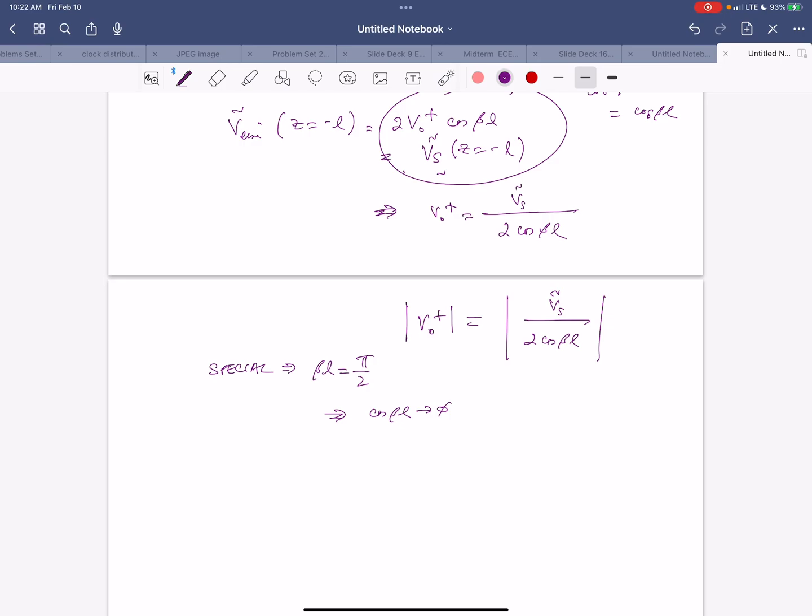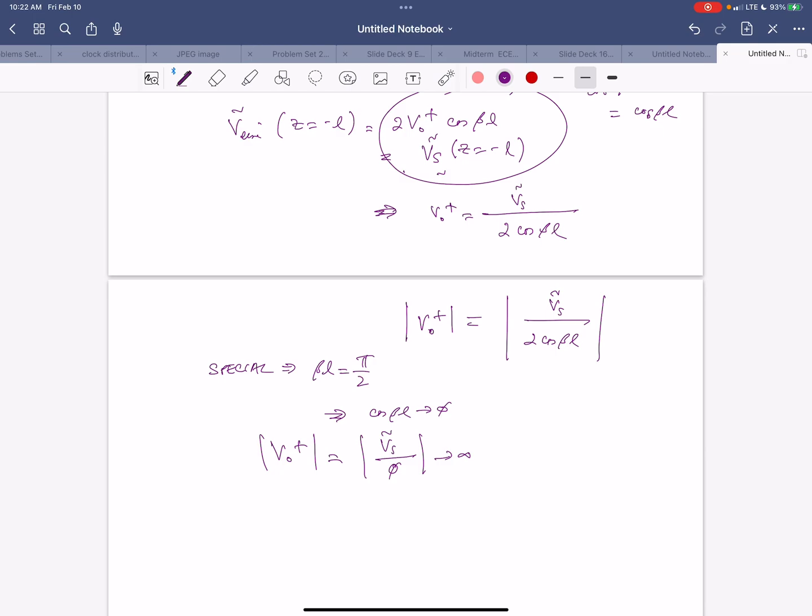What happens in real life? The amplitude of V0 plus, which is what gets launched into this transmission line, is V sub S hat over 0 in this case, which goes to infinity. It's not true that it goes to infinity, but it is true that it gets very large.